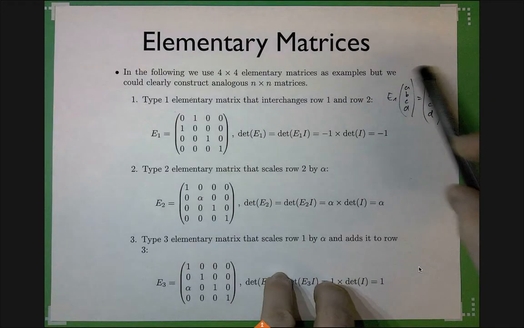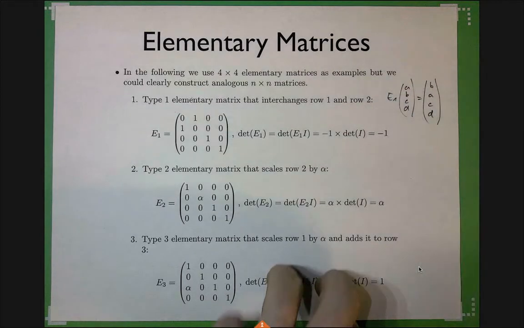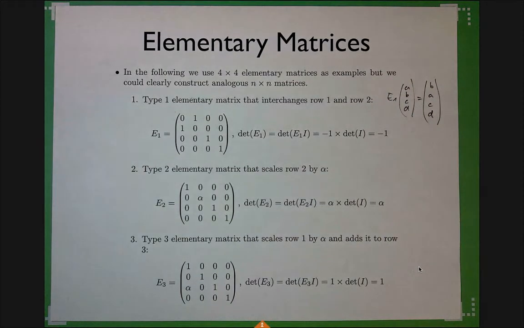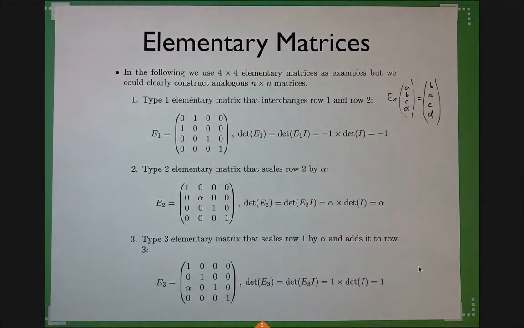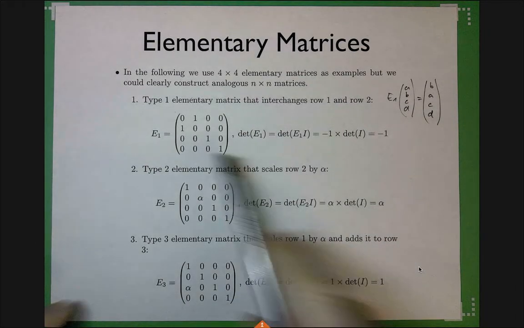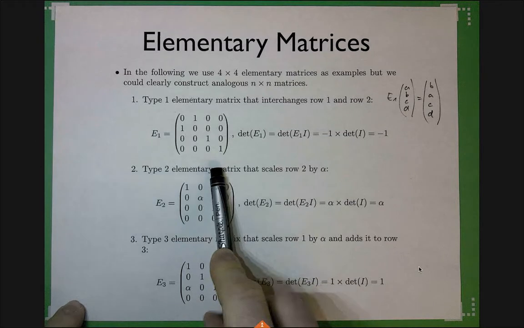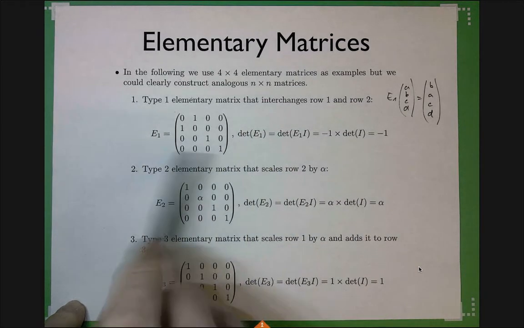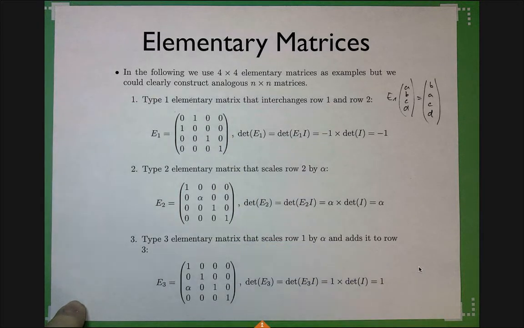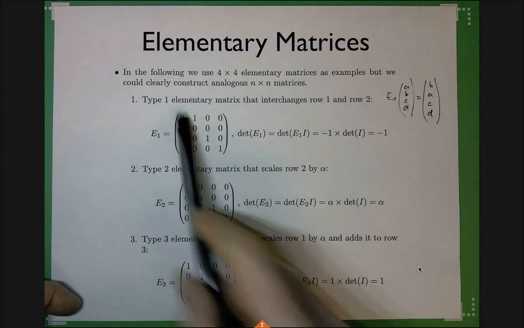So it swapped the first two coordinates. And if I hit a matrix with it, then it of course swaps the entire first two rows. This is a permutation matrix, and its determinant is -1. In general, it doesn't matter which two rows it swaps, and it doesn't matter how big it is, right?